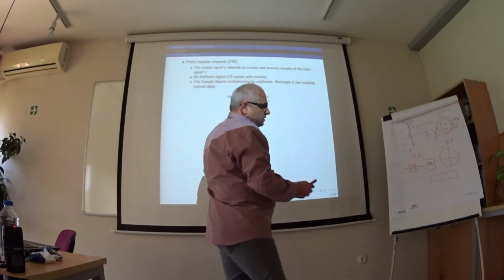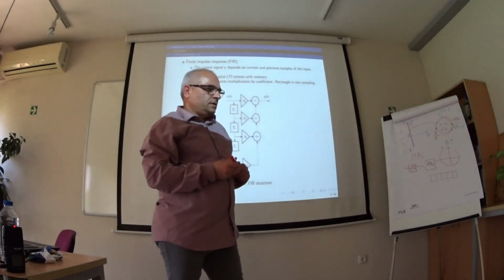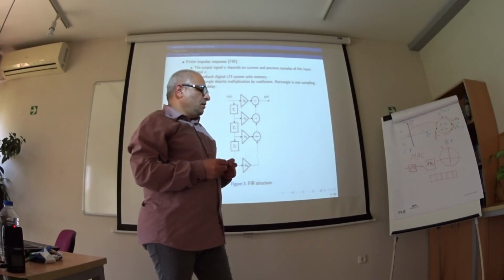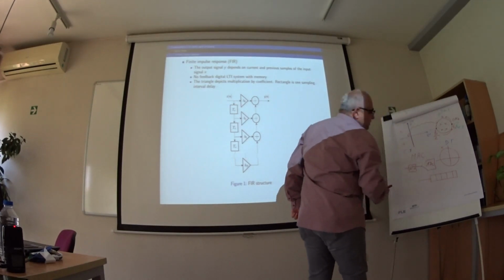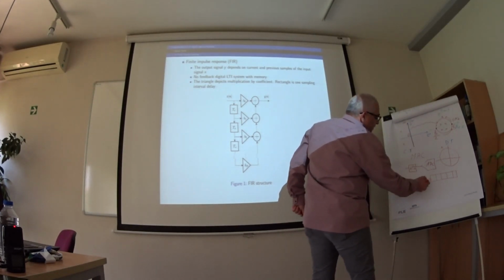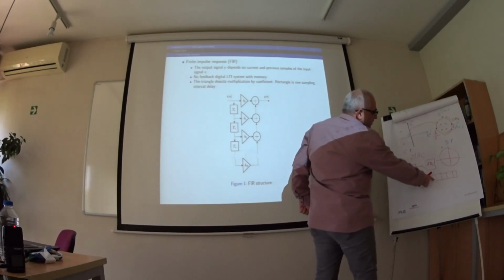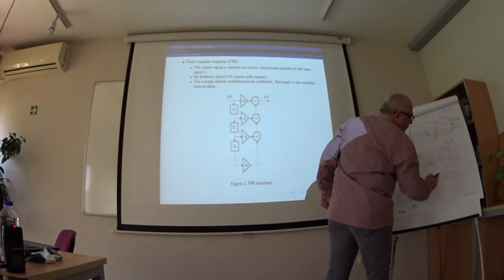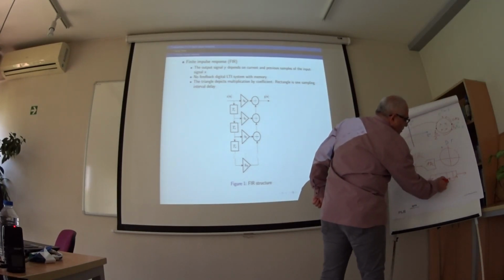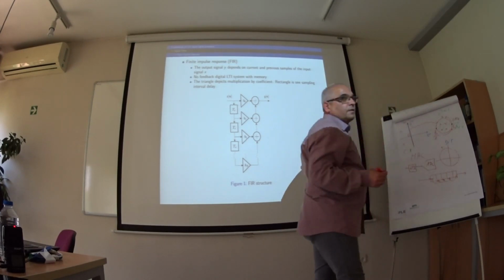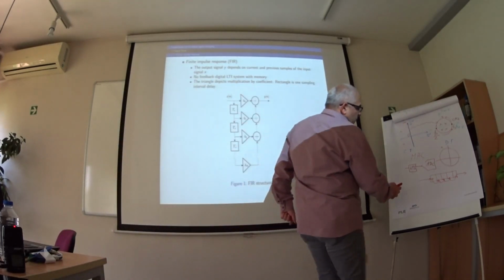Here is the delay line. It's included in memory. Here is our input signal. We have a new sample. We write in this cell. We throw the last and shift the rest.